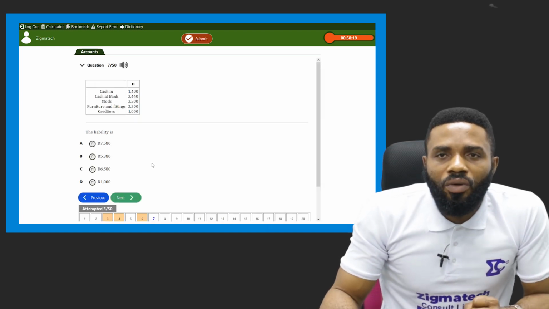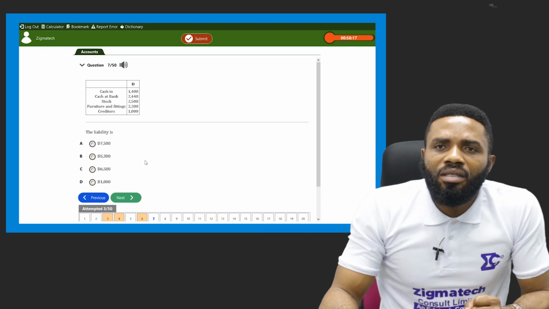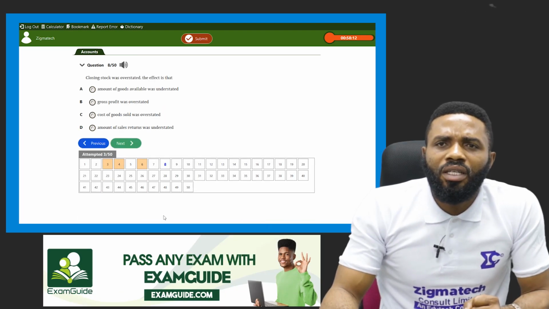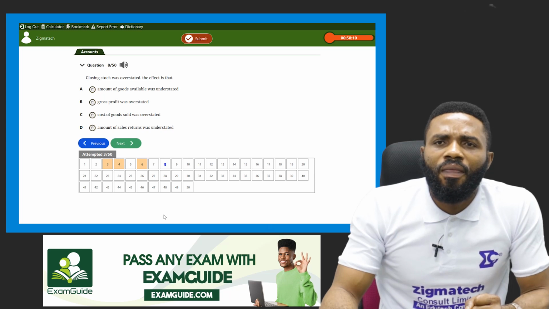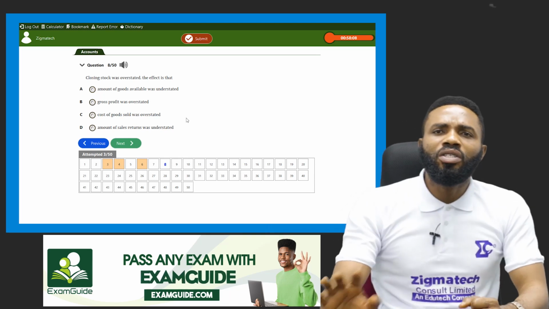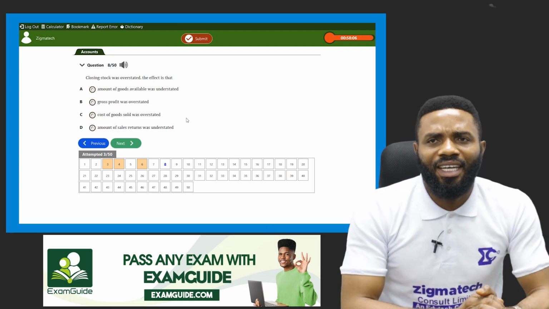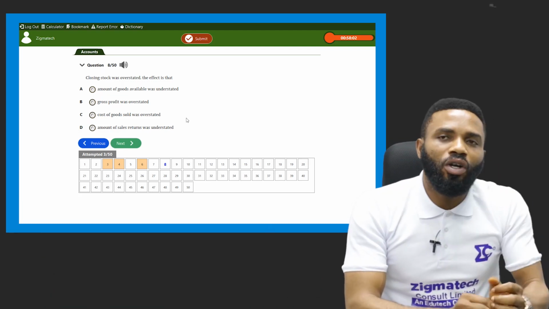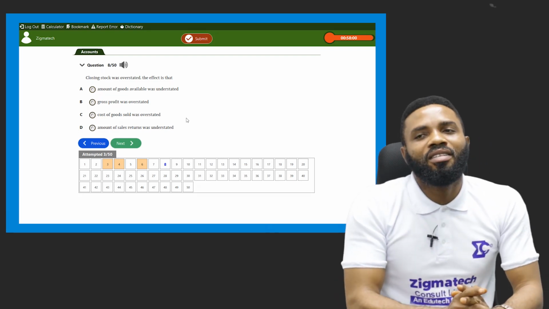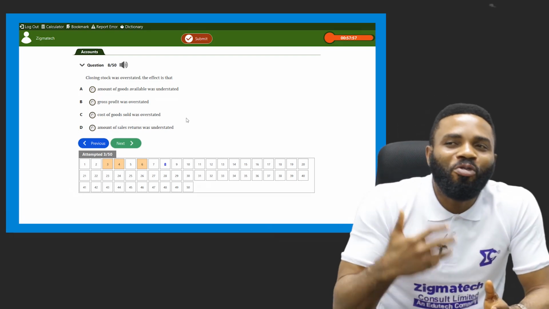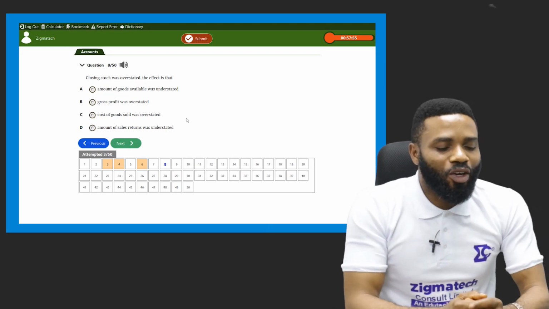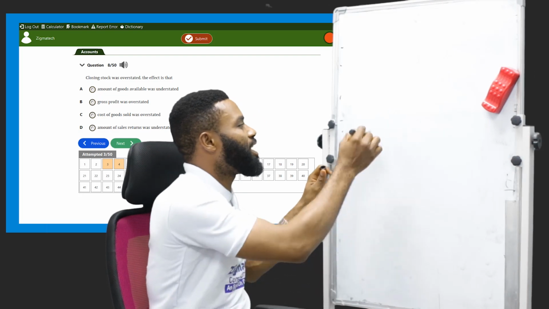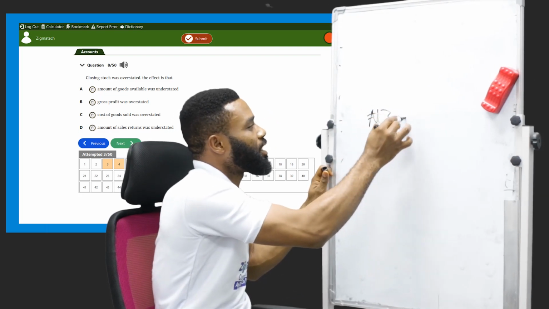All right, let's look at this. You like cash, stock. Okay, this is not related. All right, they said closing stock was overstated. When they say closing stock is overstated, it means that closing stock has been overcasted. Let's assume your closing stock was meant to be 30,000.